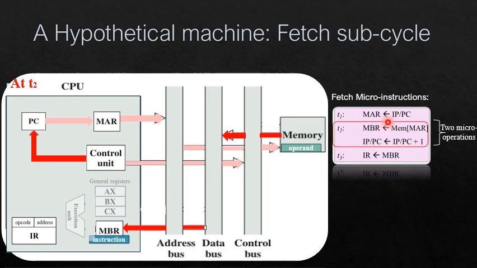This is represented by this, coming from memory located at the MBR, then passed to the instruction.